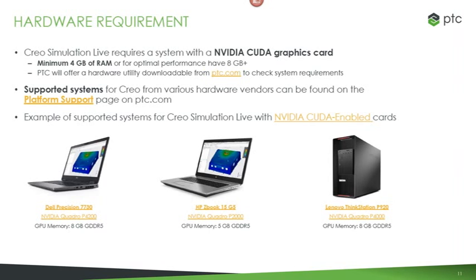Excellent. There will be that supported systems list right there. That's for Creo specifically, but you'll notice up at the top it says PTC will offer a hardware utility. That'll be on our website. You just click on that, it checks your system and comes back with a little report that says, here's what we found and whether or not it's feasible and valid to run Creo Simulation Live on your hardware.